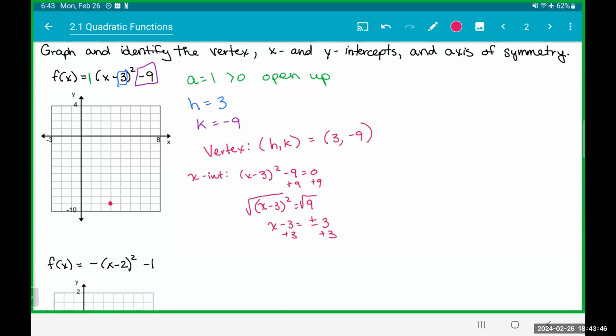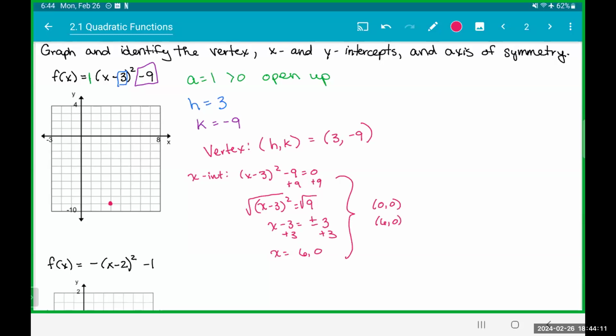So if it's positive 3, that's going to be 3 plus 3, so 6. If it's negative 3, it would be negative 3 plus 3, which is 0. So our x is equal to either 6 or 0. Therefore, based on all of this work, our x-intercepts are 0, 0 and 6, 0.